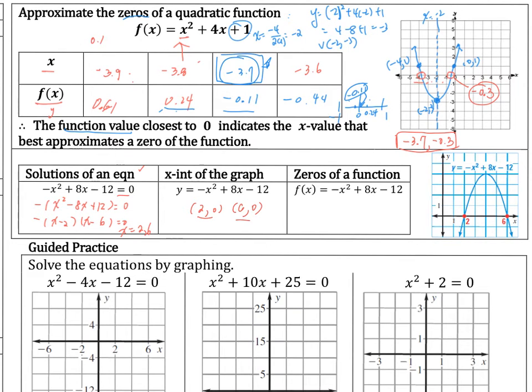But when you're given a quadratic function in the form of f of x equals negative x squared plus 8x minus 12, then we will refer to the x values where it crosses the x-axis as the zeros of the function. So I've been referring to all the values that cross the x-axis as the zeros.